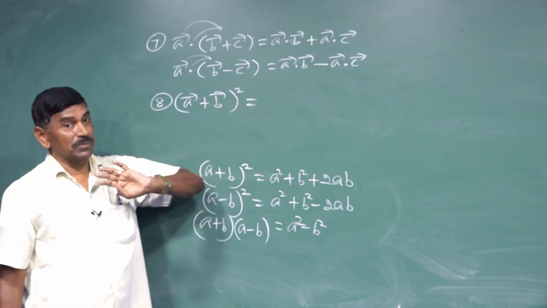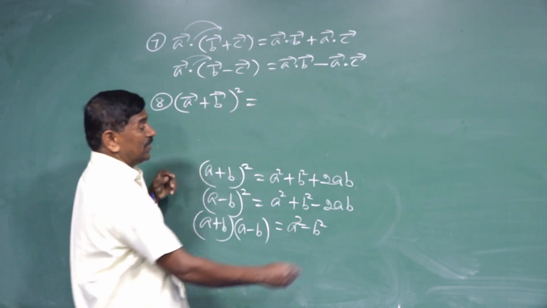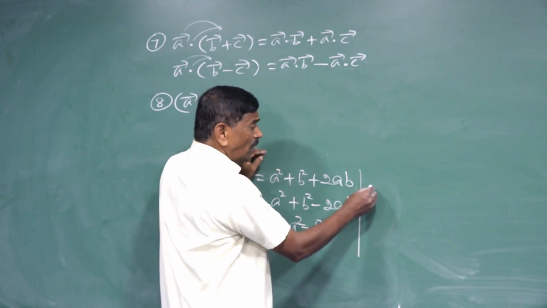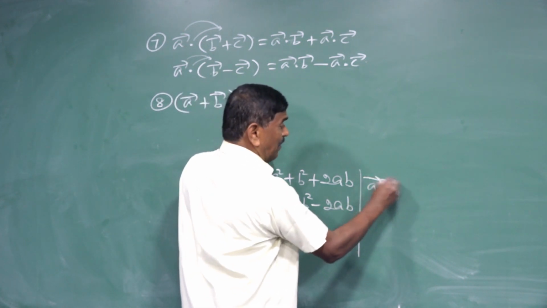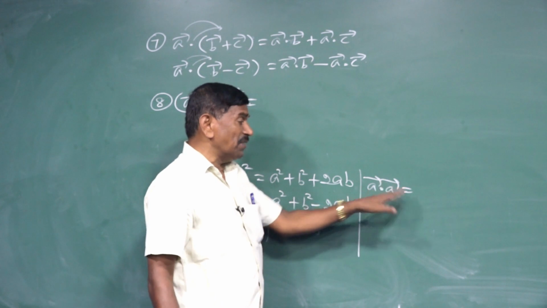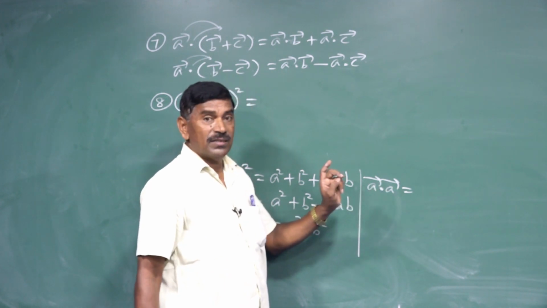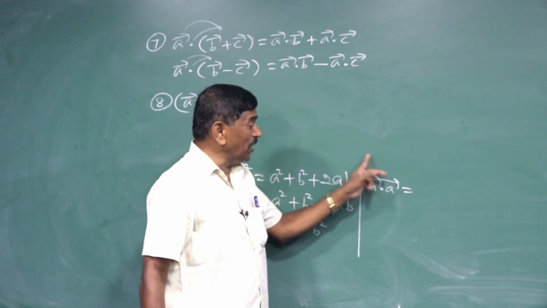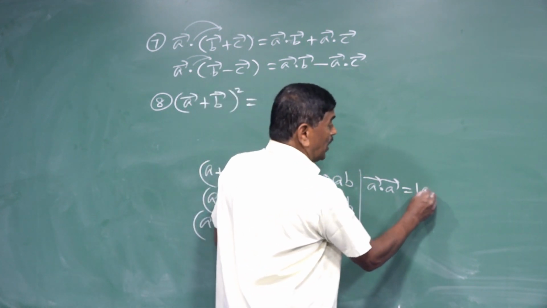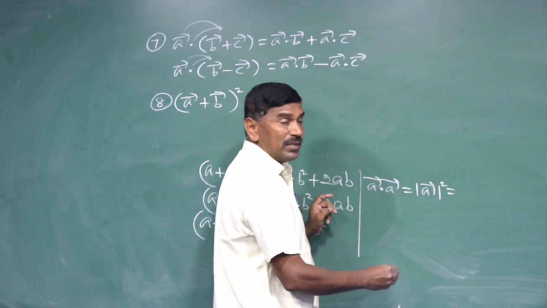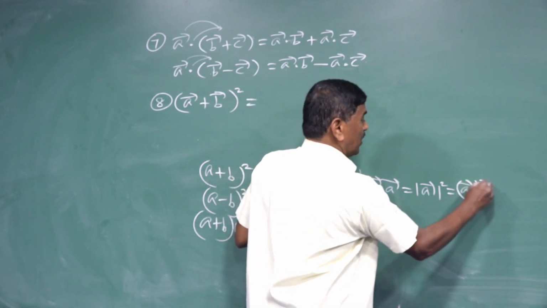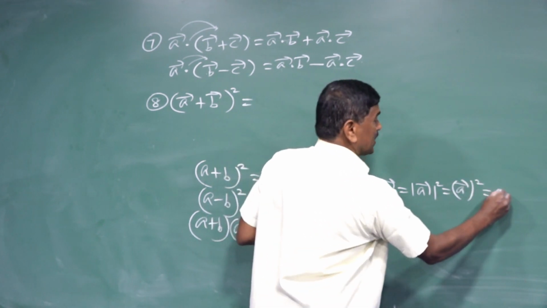But in vector algebra, we already learned that itself multiplication, A vector dot A vector equal to. Can you tell me the itself multiplication, that is the dot product of the vector with itself? Very good. A vector dot A vector is equal to modulus A vector square, which is equal to A square.